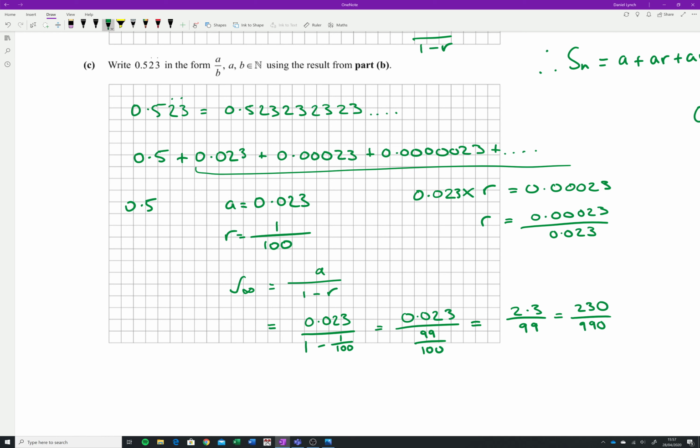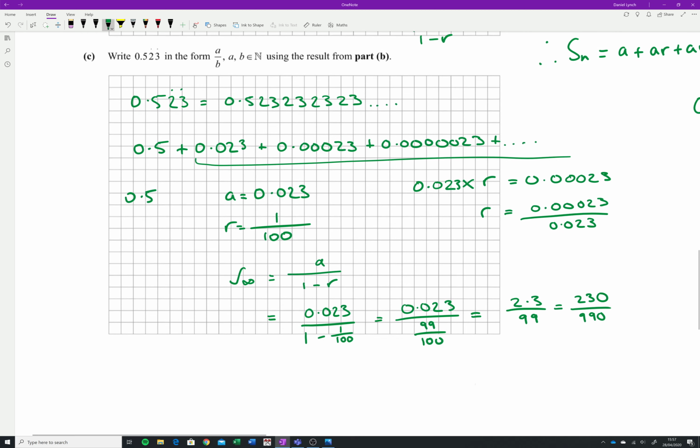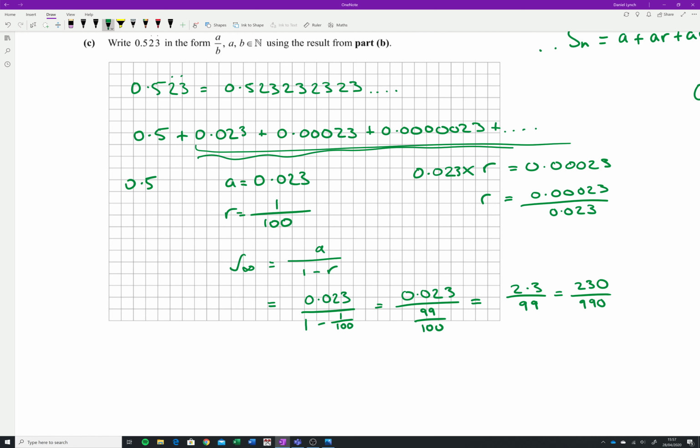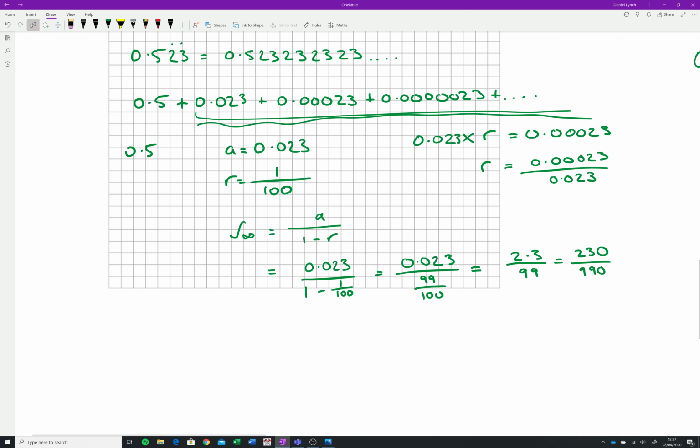So let me just type all that in: 0.023 over, and we'll just do our fraction, 99 over 100. So we do end up with 230 over 990. That's, of course, just that bit in there. We have to add on a half.